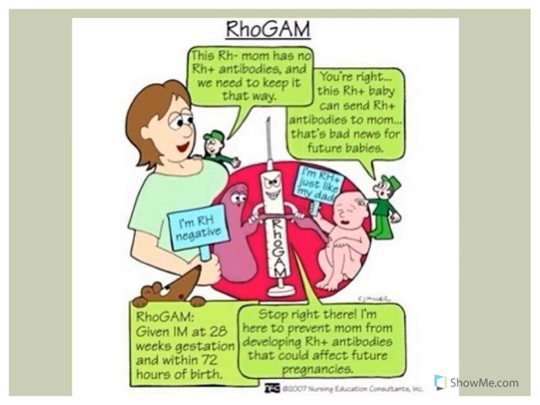Now the Rhogam, so you see a little picture of the Rhogam. I got a Rhogam shot because I'm Rh negative, and any pregnant female who is Rh negative will be given Rhogam shots. The Rh negative woman has no Rh positive antibodies, and you want to keep it that way.